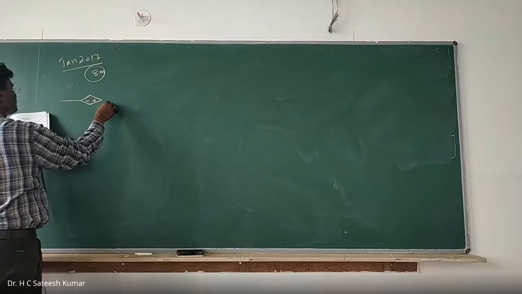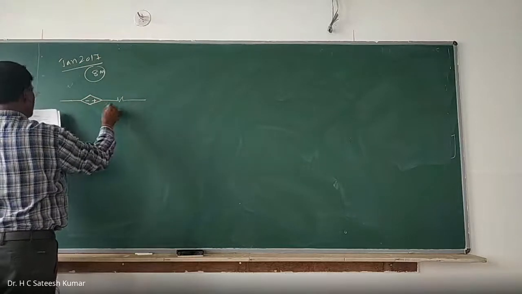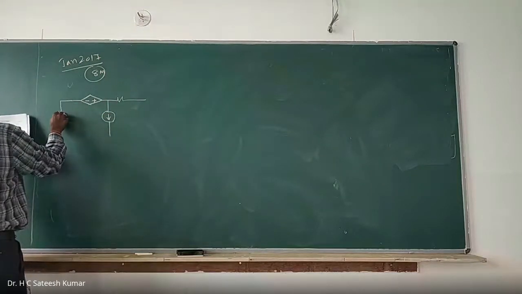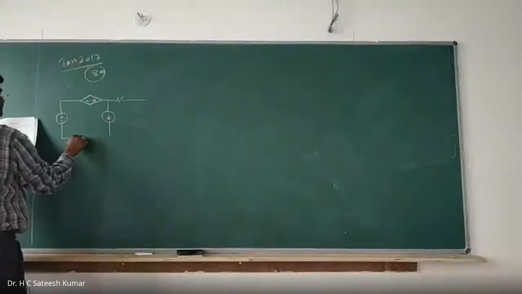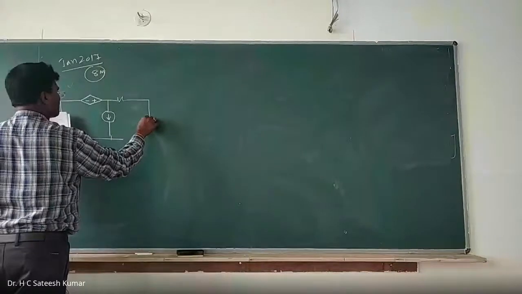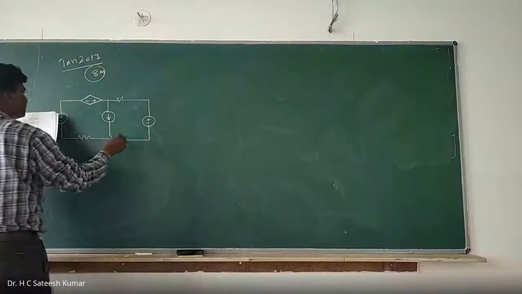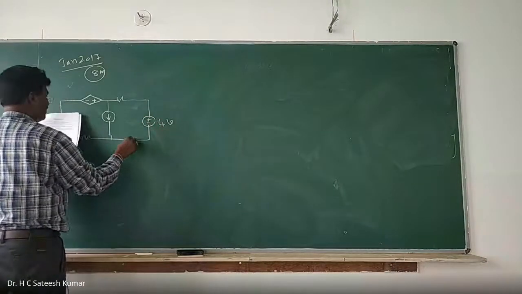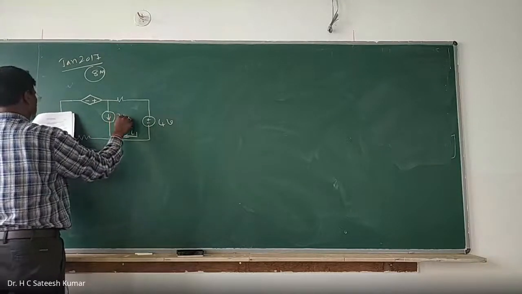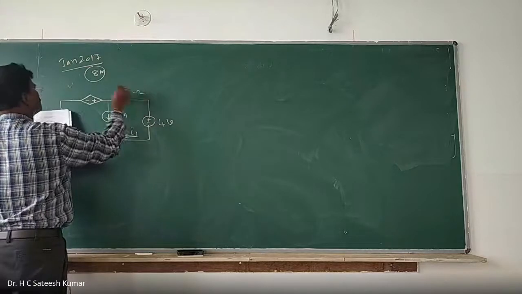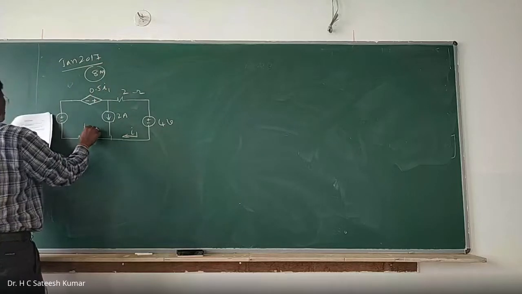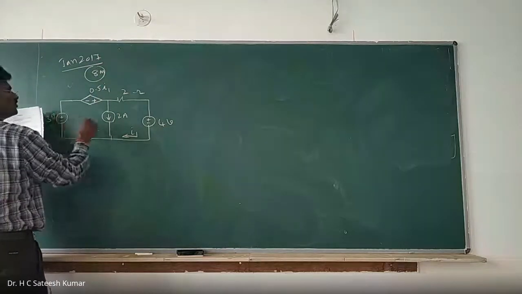Simple question. It is not complex values we have, all real values. 4 volts, he called this one as I1, this current. 2 amps, 2 ohms, 0.5 I1, 4 ohms, 3 volts.